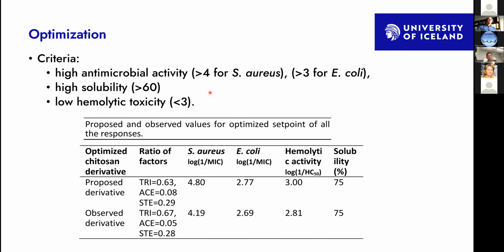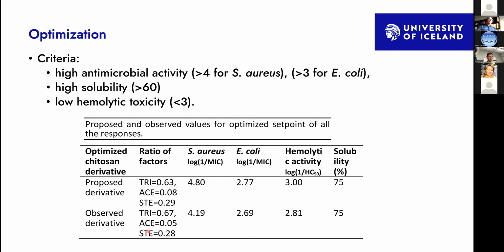And finally, we could set some criteria for optimization. So high antimicrobial activity, high solubility, and low hemolytic toxicity. And then the proposed derivative is this, and the predicted values are as shown here.